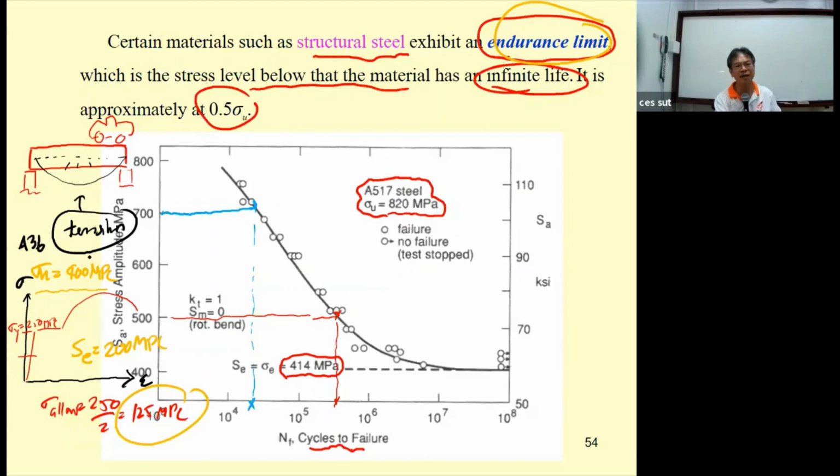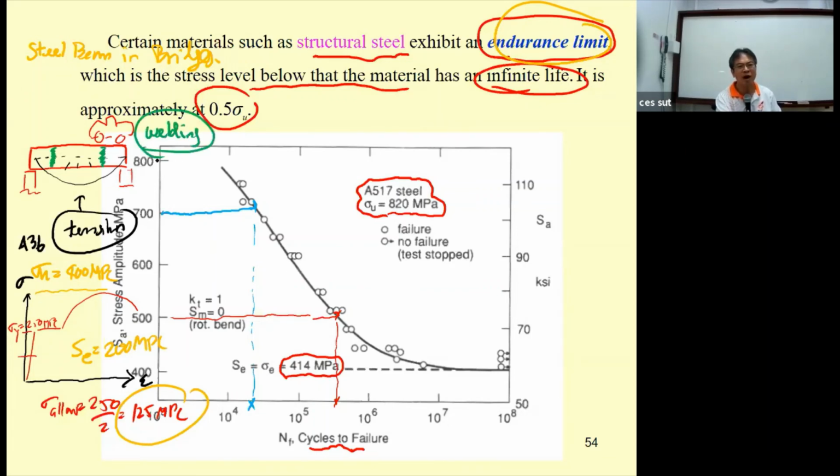So most of the time, steel beams and steel girders in bridges are not under the possibility of fatigue failure. But many times, our steel bridge needs connections by welding.